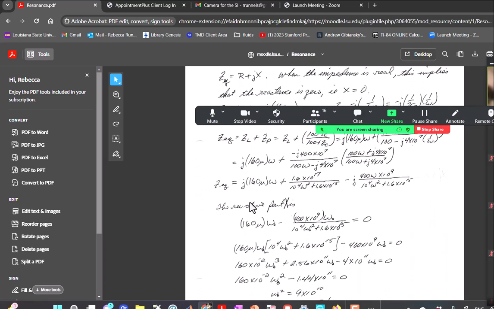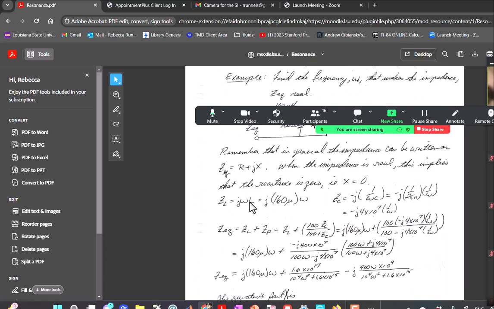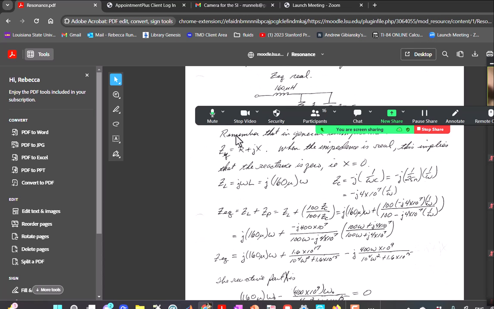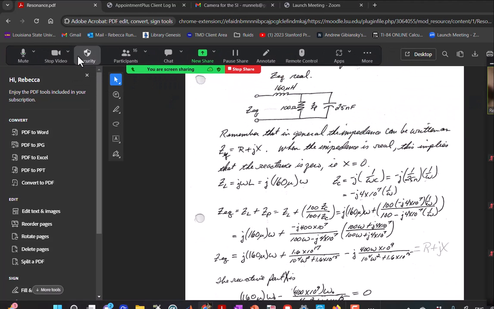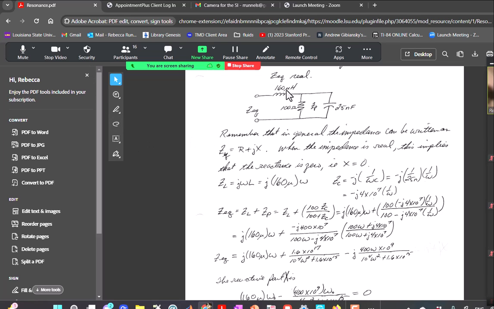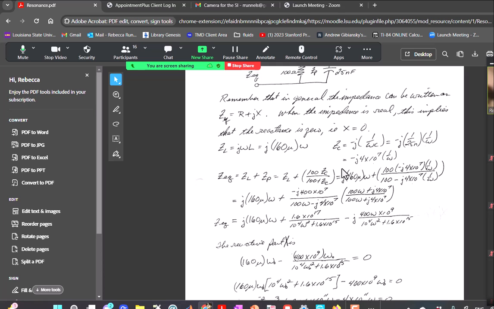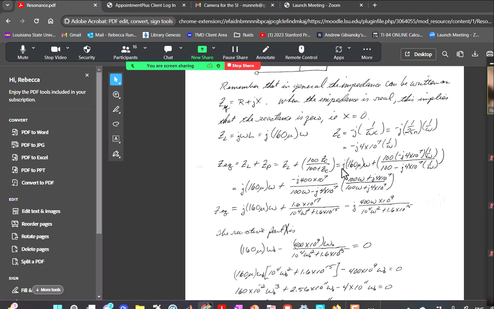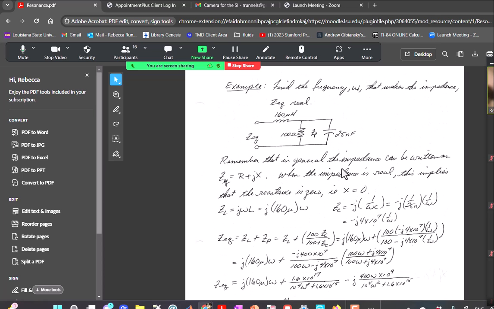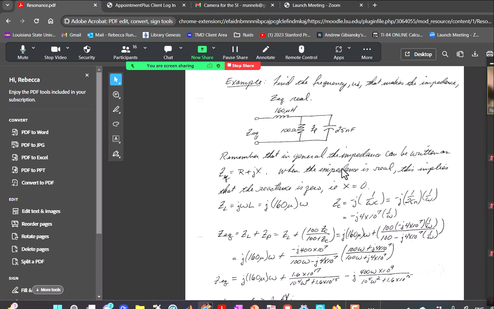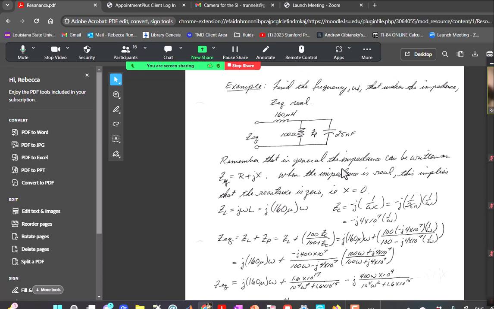So if you look at this one, you can see that it's not as complicated as the one that I did, but it has something in series with something in parallel. So it's still not very pleasant. Is this? No, it's not the same one, but it's the same idea. So I thought it was important to go ahead and do one in case y'all haven't seen one. So any other questions?